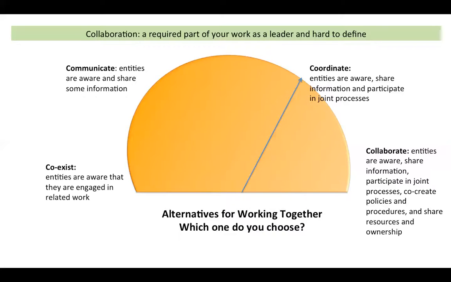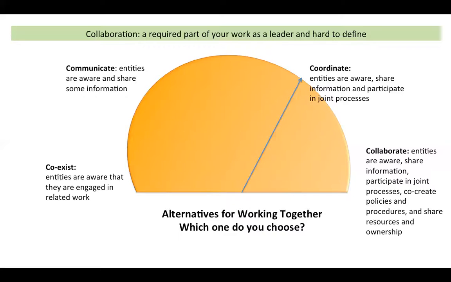But more often than not, it's a more effective use of resources and everybody's time if you at least coordinate. So your entities or agencies are aware, you share information, and you participate in joint processes. Maybe you work together to define six-month to three-year goals towards ending homelessness in your community, and you make action steps based on that.